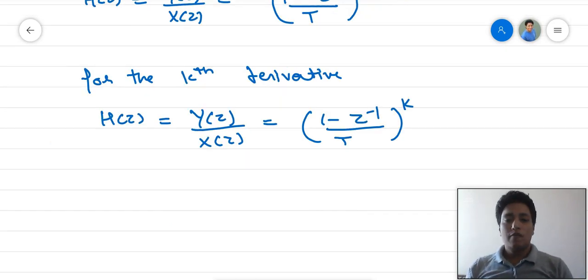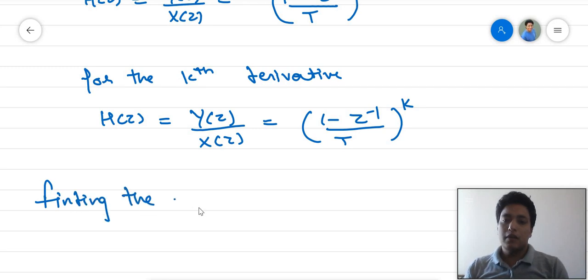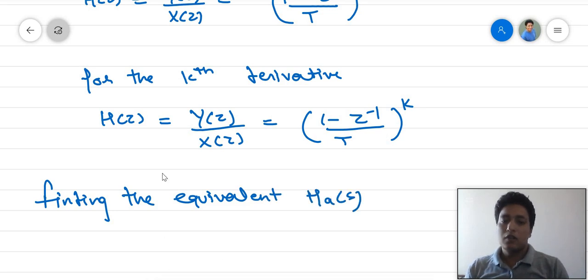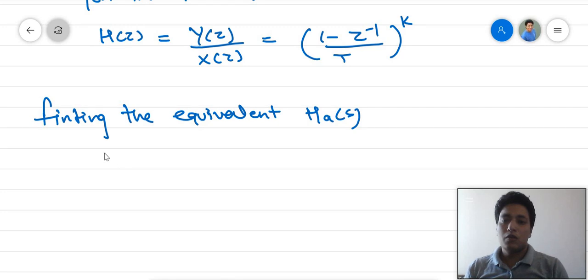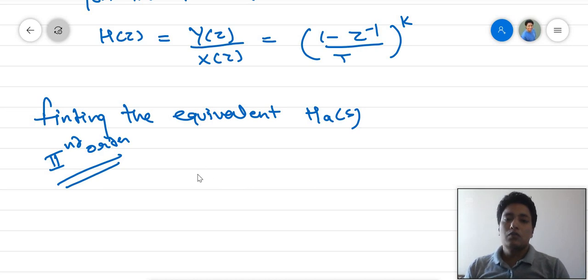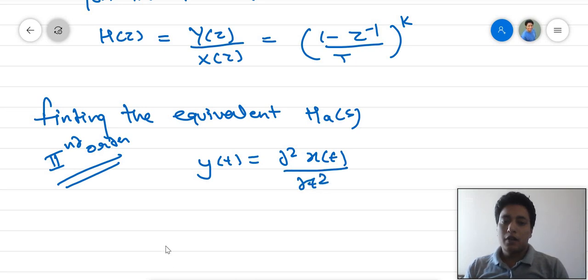Now finding the equivalent Ha(s). As we have started from second order, y(t) is equal to del square x(t) by del t square.